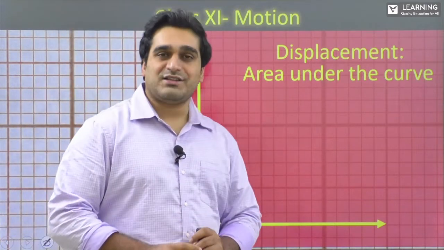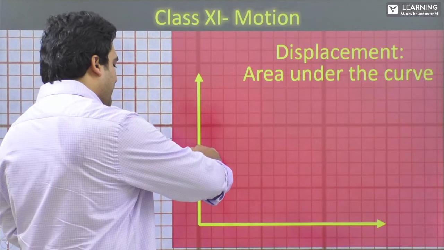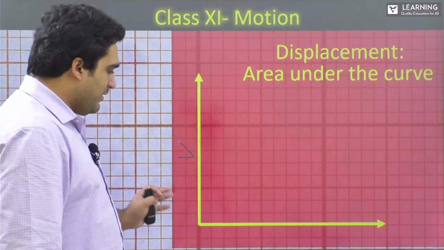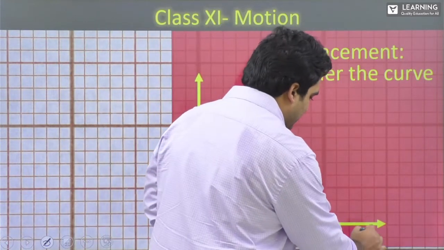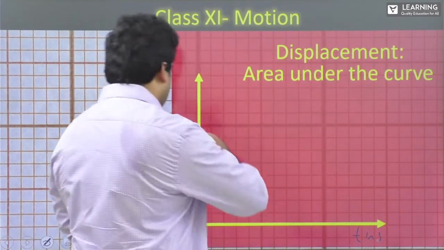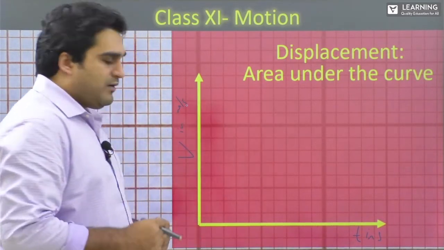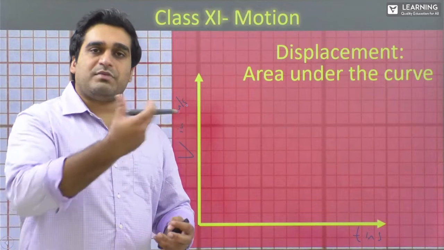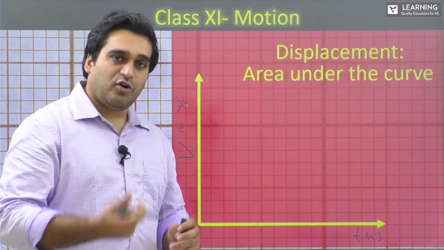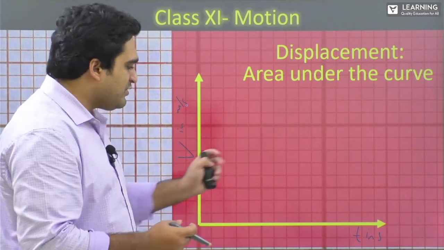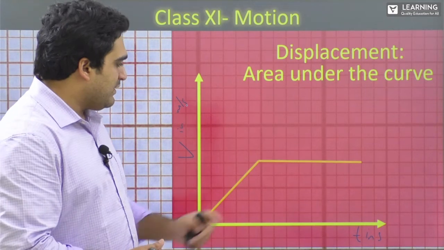Since this is a velocity time graph, your y-axis will be represented by velocity v in meter per second, and the time axis will be along the x-axis in seconds. Then you obtain a set of points by using the table, plot them on the graph, and construct a straight line like this.